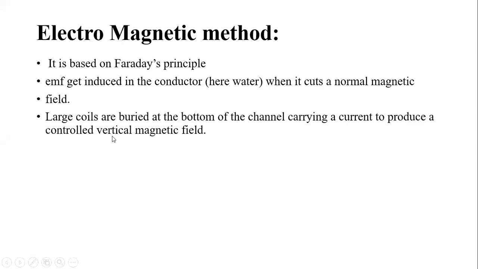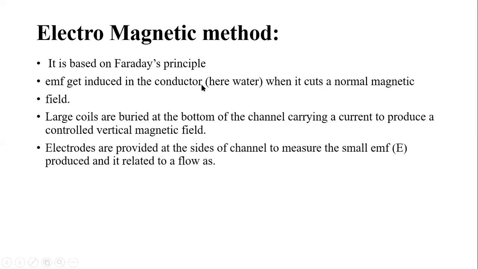If we bury those large conductors and supply electricity, they produce a magnetic field around them in a vertical, upward direction, and when water moves over it, it cuts that magnetic field and an EMF is induced in it. For measurement, electrodes are provided at the sides of the channel.